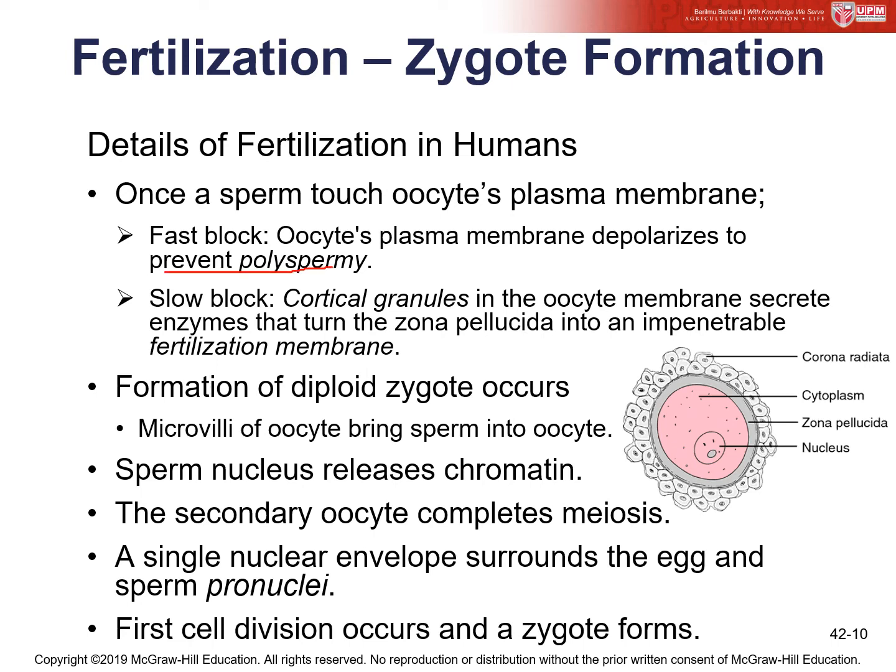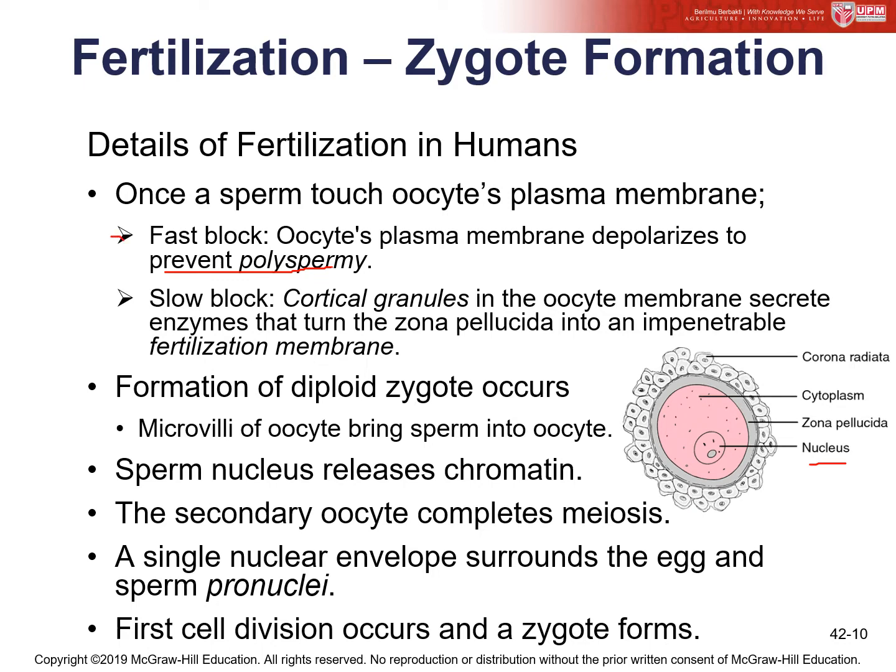What is polyspermy? Polyspermy happens when the nucleus of an ovum is fused with multiple sperm nuclei. It is very dangerous for the zygote because the zygote can be triploid or more. To prevent this, we have two mechanisms. The first one is the fast block.